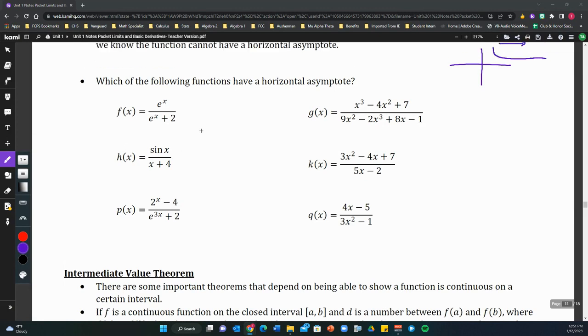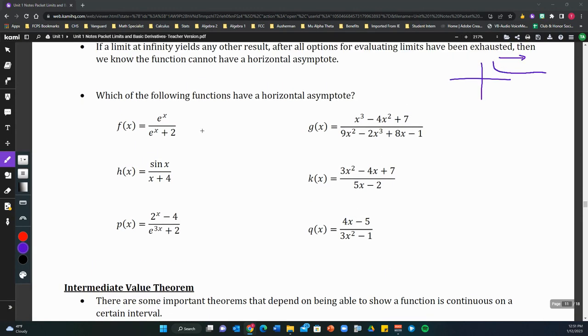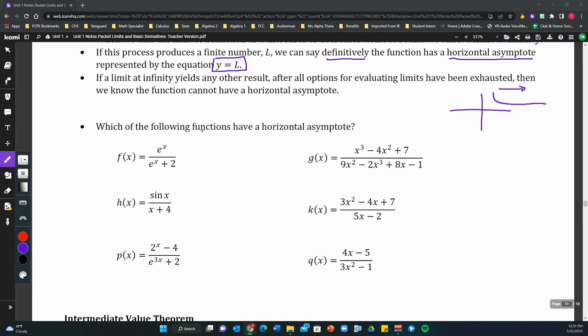When we are exploring if a function has a horizontal asymptote, 90% of the time we're going to be looking at rational functions because they are a comparison of growth rates. So how does the top function compare to the bottom function? And if they compare in a particular way, then that yields a particular result for their final ratio.